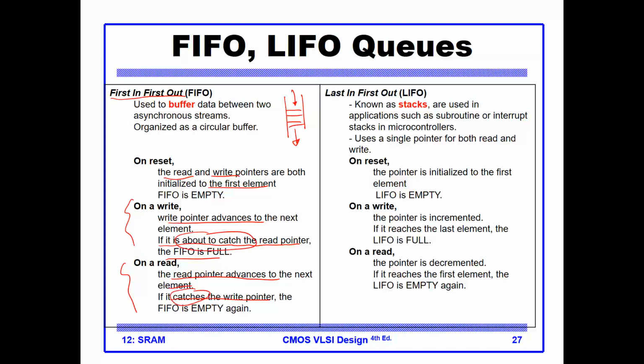About to catch is the plus minus for the addresses, +1 -1. But here for the read, if it catches the write pointer, because they are initialized both to the same address at reset, meaning the FIFO is empty. So if the read pointer catches, it means it is now equal to the write pointer, then the FIFO is empty.